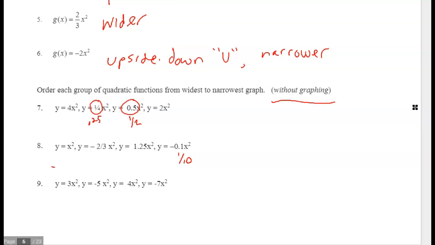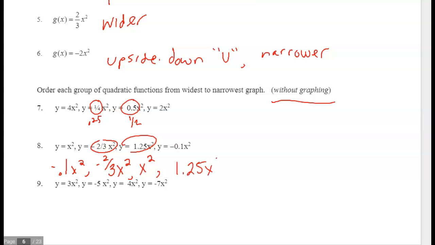But the widest one is 0.1 x squared. And then we get to negative 2/3 x squared, because that's getting closer to 1. And then we just have regular old x squared. And then our narrowest one is this one because it's larger than 1.